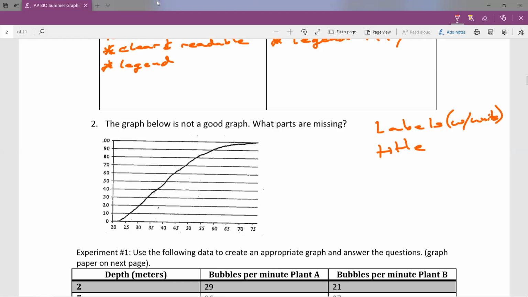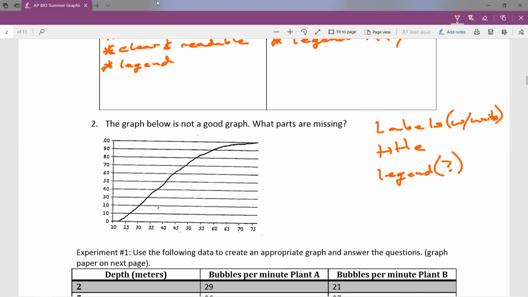Anything else? A legend. Yeah, we might say legend with only one line. The legend might have been described in the title, so maybe we wouldn't have needed it, but because we don't have a label, we don't know if we needed a legend or not.